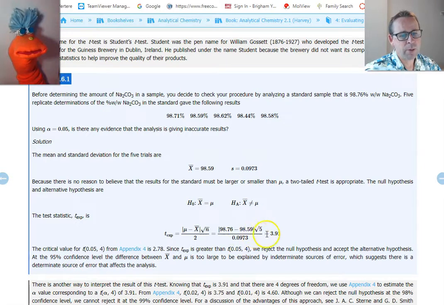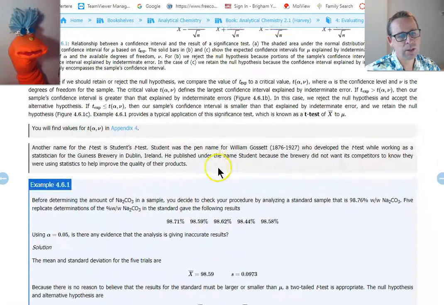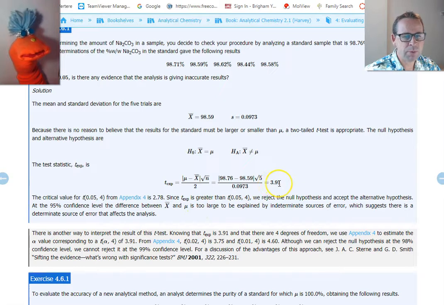All right, so anyway, we get a value. This is our t expected value of 3.91. We put our t expected in the equation, but then we rearranged it and solved for t expected, and that's the equation we're using now. So if we expect a t value of 3.91, we go to our appendix.